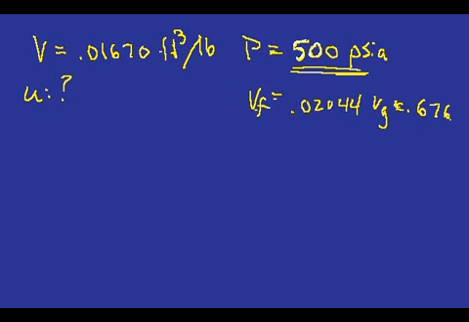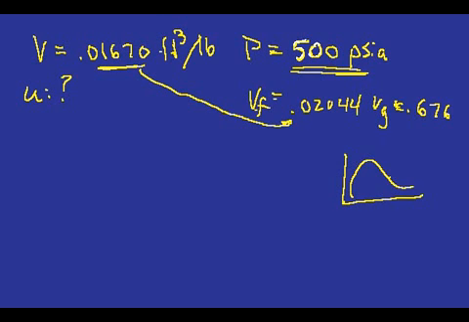Okay, so my volume here, 0.0167, falls to the left or lower than VF, so that tells you what? Keeping in mind this diagram, vapor, mixture, liquid, I'm over here on the liquid side of it, so this must be a liquid.